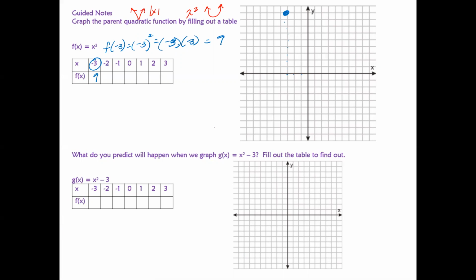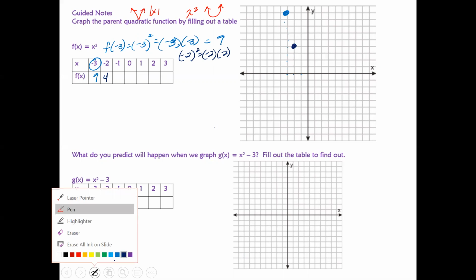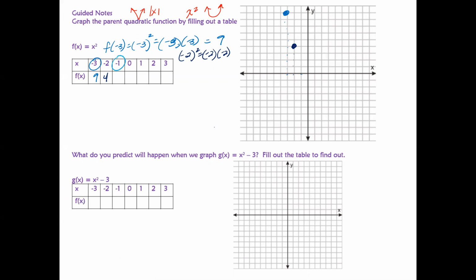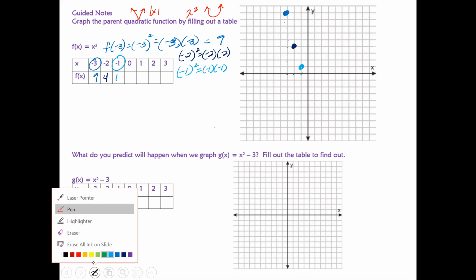Similarly, if x is -2, you have -2 squared, which is -2 times -2, and that gives me +4. When x is equal to -1, you have -1 squared, which is -1 times -1, and that's +1. So at -1, +1.